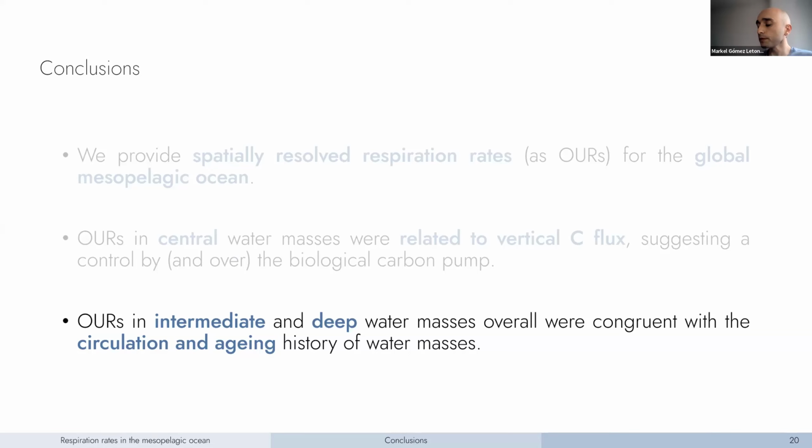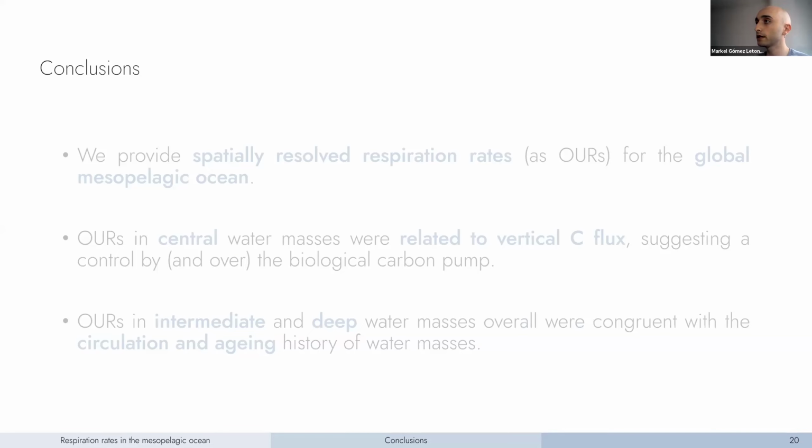As I said before, we suggest that as these circulate and get older, the organic matter pool within them gets more recalcitrant, and hence the respiration rates of these heterotrophic bacteria also decrease, coupled to this aging process. So yeah, this is basically it.